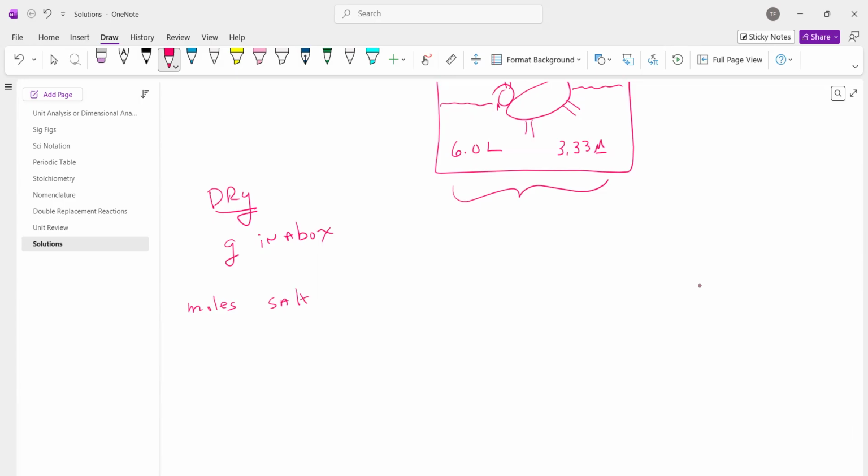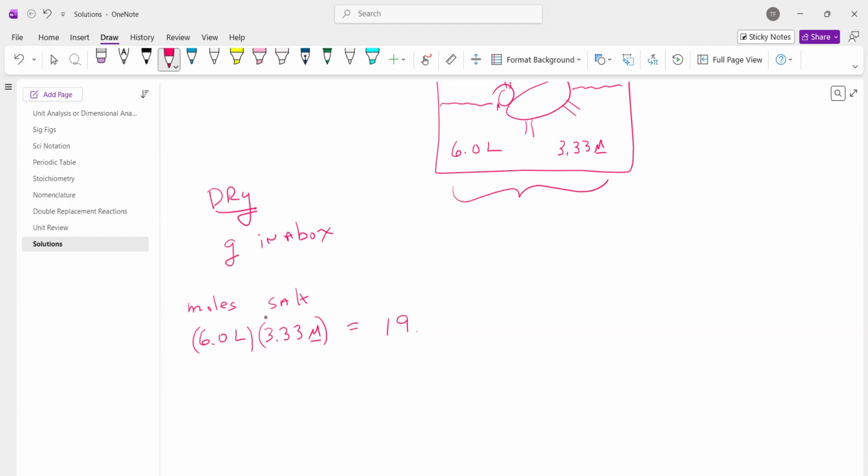Moles of salt is going to be 6 liters times the concentration again. Let's see.